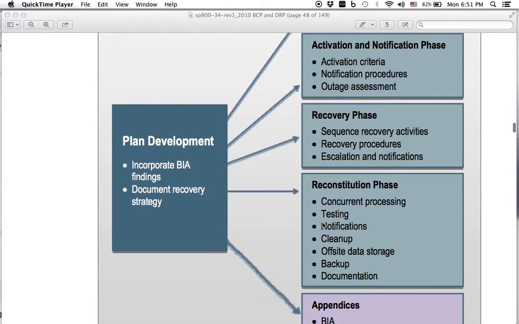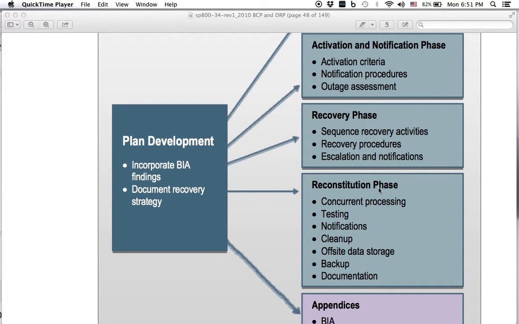So the next module is reconstitution phase. It means the process where we need testing, concurrent processing, notification, clean up, offsite data storage, backup and documentation, whatever is involved with a clear run process, or we can say the clear backlog process.